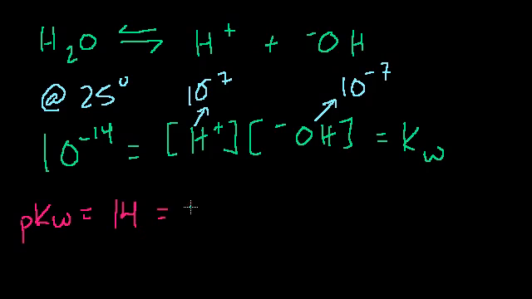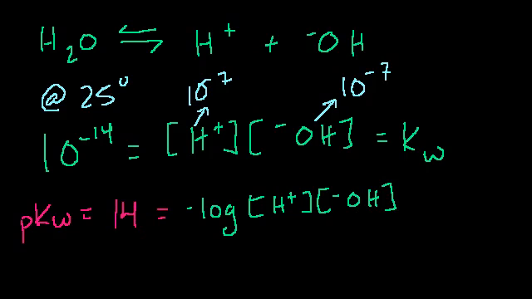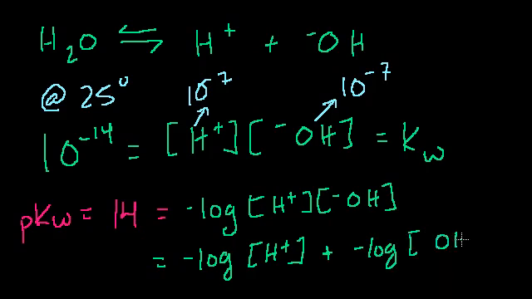This is just logarithm properties. This is more math than chemistry. So the log of H plus times the hydroxide ion, that's the same thing, just logarithm properties. This is the same thing as minus log of H plus, plus the minus log of OH minus.